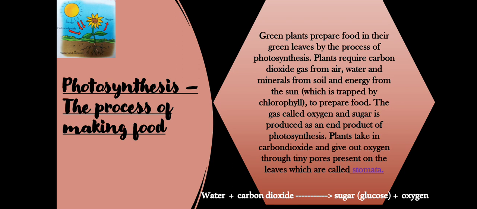Plants take in carbon dioxide gas and give out oxygen through tiny pores present on the leaves, which are called stomata. So what is stomata? Stomata are the tiny pores present on the surface of the leaves. The tiny openings on the lower surface of the leaf through which exchange of gases occurs are called stomata.